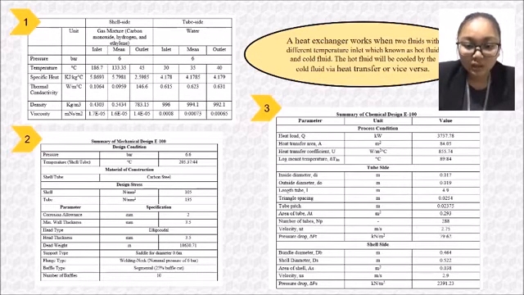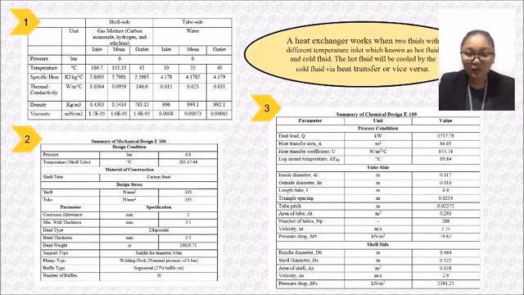The shell side is the gas mixture which contains carbon dioxide, hydrogen and ethylene, whereas the tube side is the cooling water. In the second diagram is the summary of the mechanical design of exchanger 100. The material of construction that we are using is carbon steel.